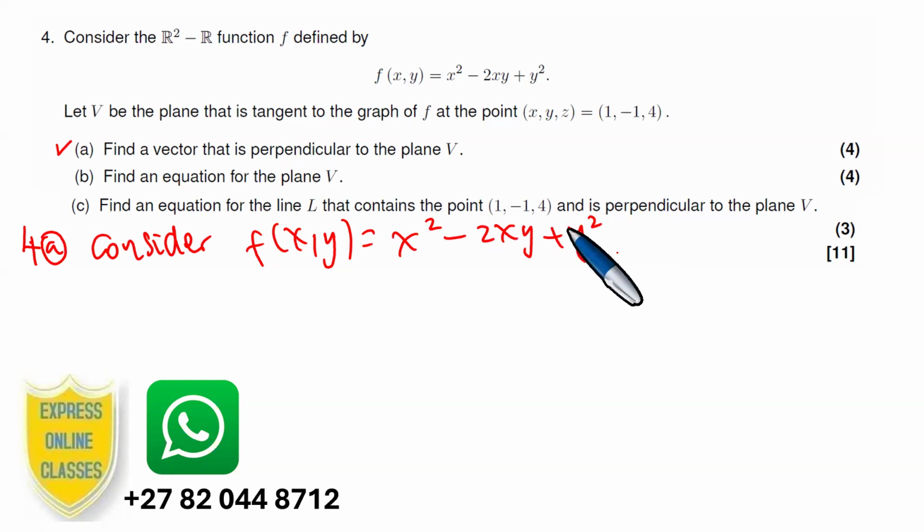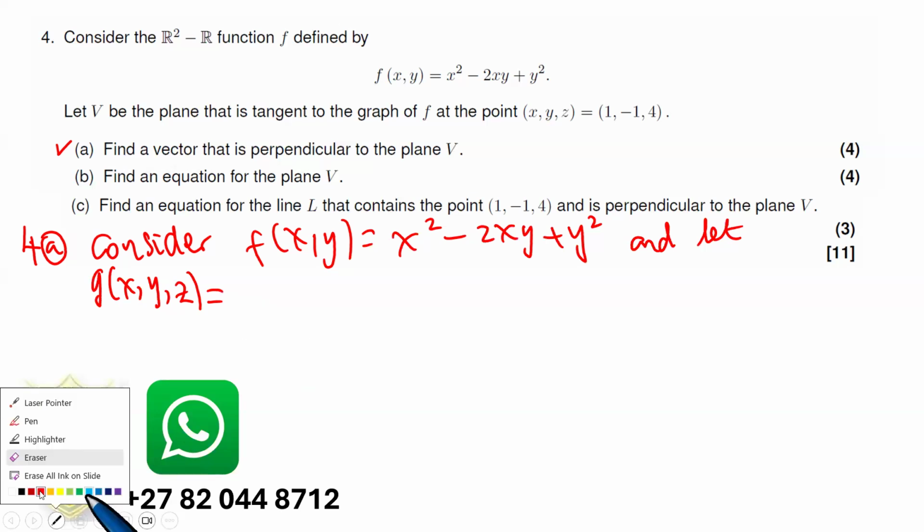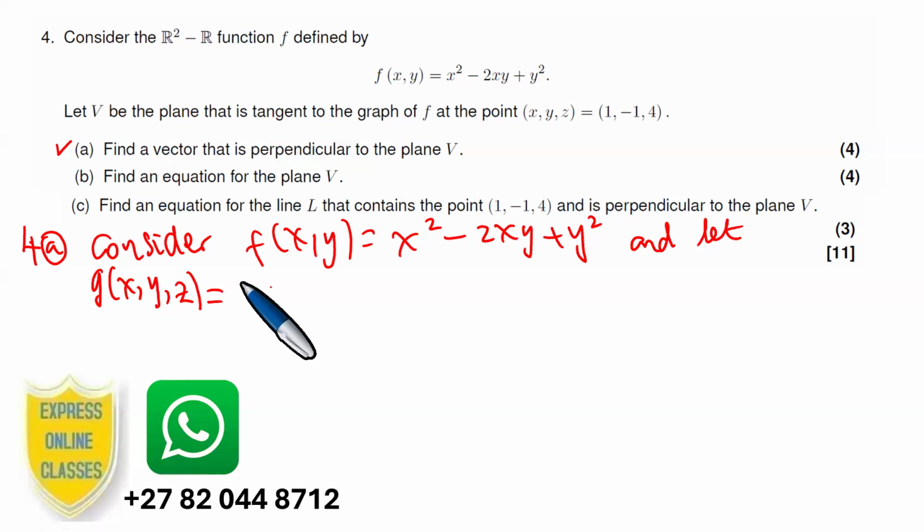And let g of x, y, z be the same as the following. We introduce a new function g of 3 variables, which is the function f of x and y minus the variable z.